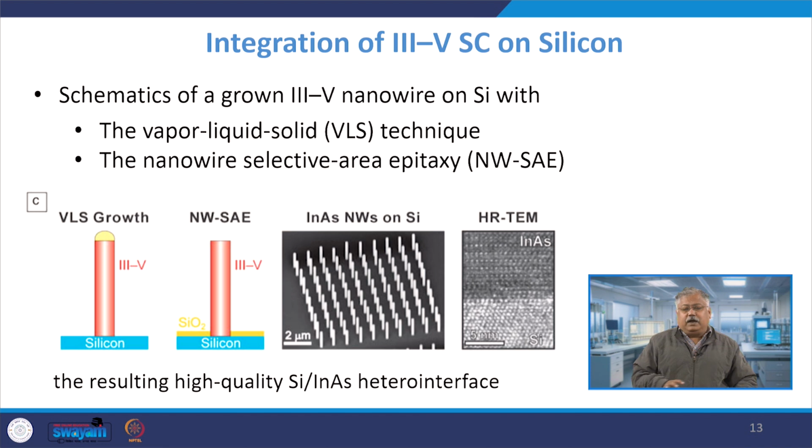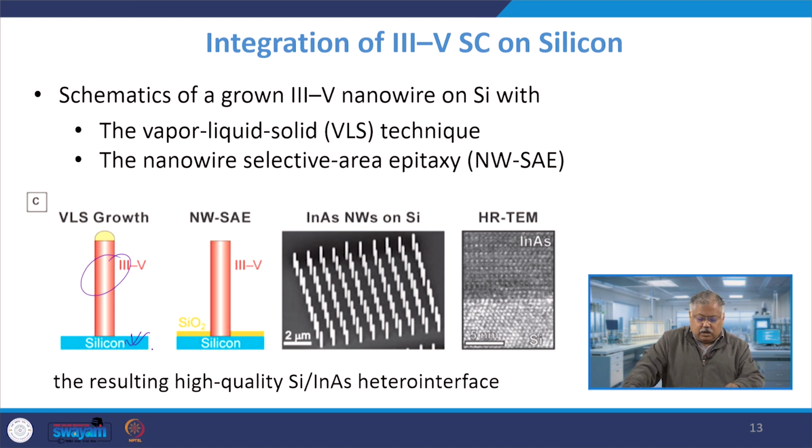Now, if you look at the schematic of the fully grown III-V nanowire on silicon, so this is a GAA device, gate all around device, and on the left hand side, if you look, is basically what is known as a vapor liquid solid, VLS, technique, right? And this is the VLS technique where you grow the III-V material around the oxide layer here, and you have this native silicon being generated here.